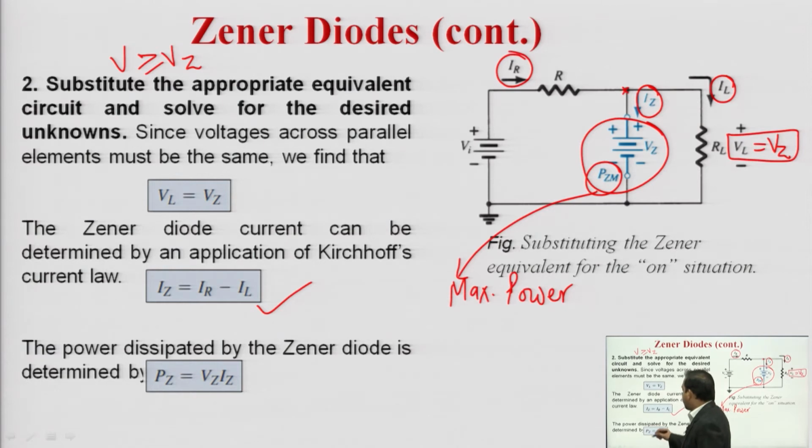Now, PZ is the power dissipated by the Zener diode, and this can be given as PZ equals VZ multiplied by IZ. VZ is the Zener voltage and IZ is the Zener current. Also, PZM, I have already told you, is the maximum power dissipated by the Zener diode.